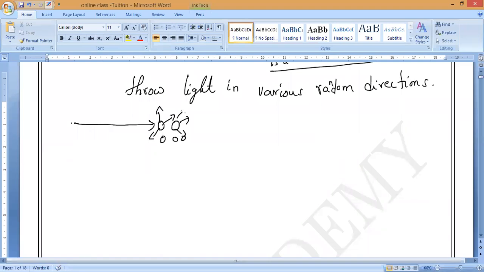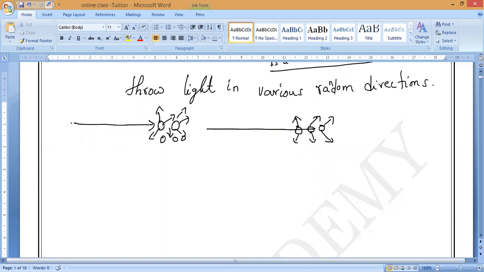That is what we should call scattering of light. Do you understand? Because of the suspended particles in its path, light gets scattered in random directions. This is the Tyndall effect.